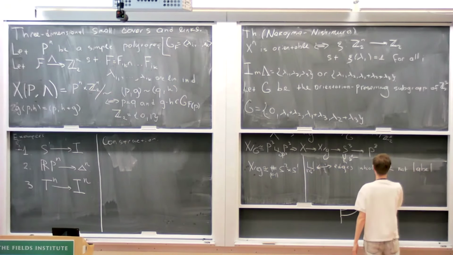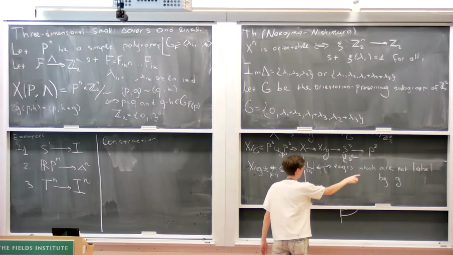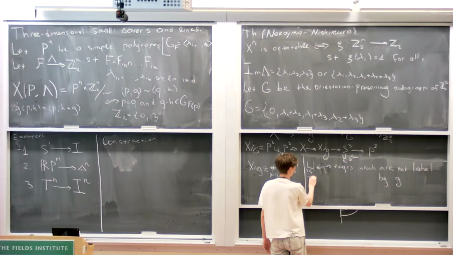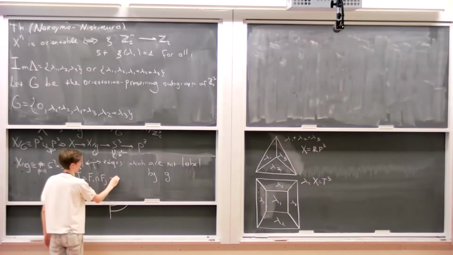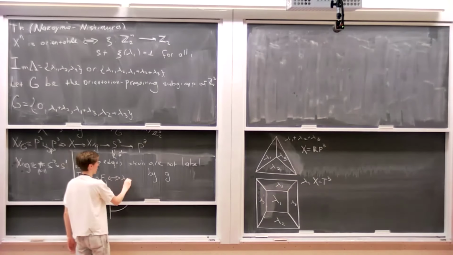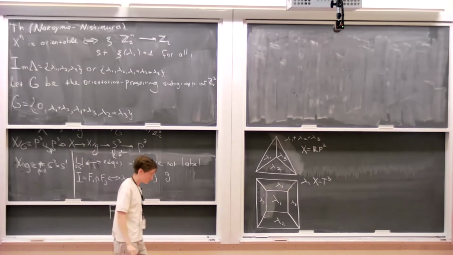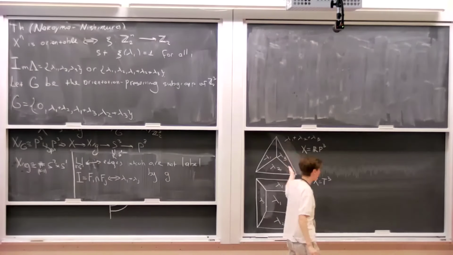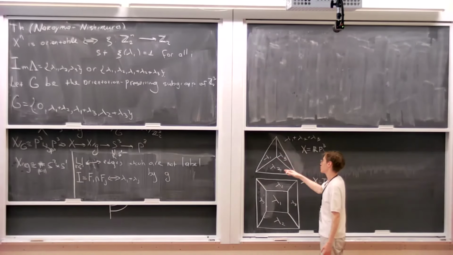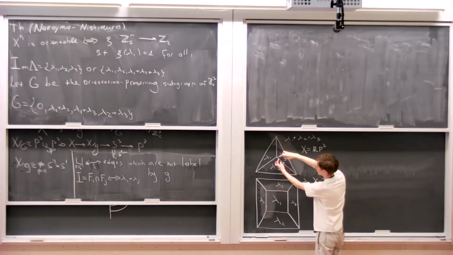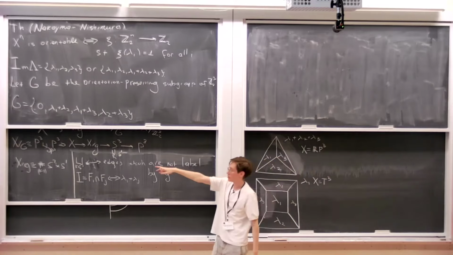labeled by G. And by labeling, I mean that any edge is the intersection of two facets, so I can label it by lambda i plus lambda j. In fact, in your original space, this picture looks as follows: for any edge, you consider a circle over this edge, as in the first example of the small cover.